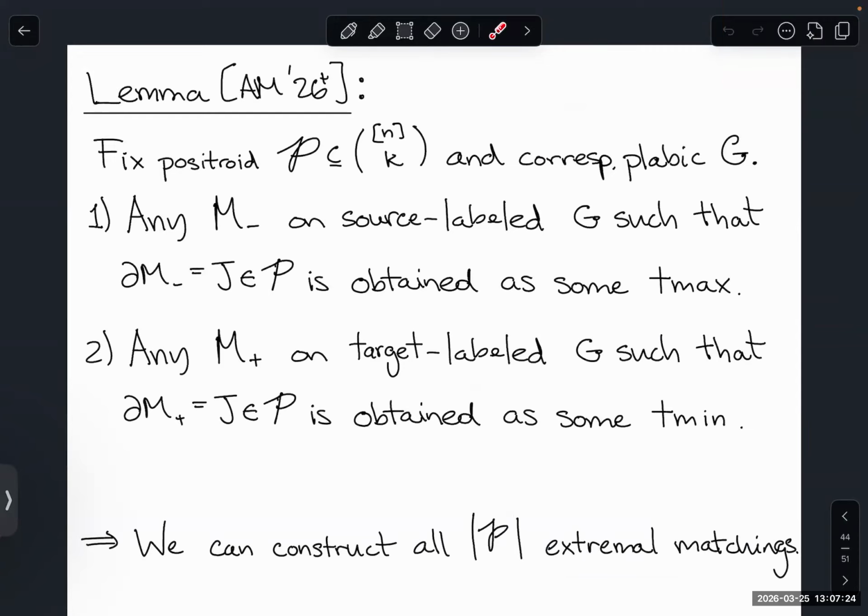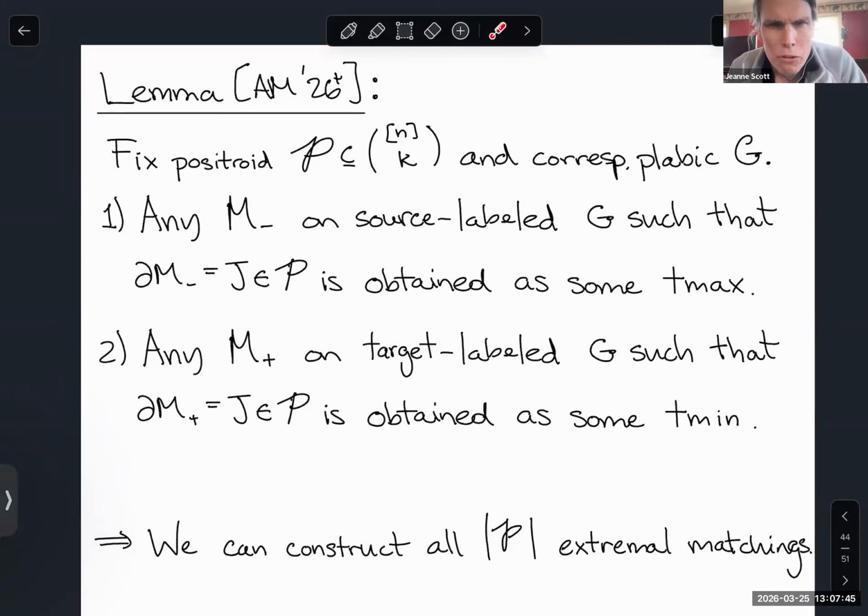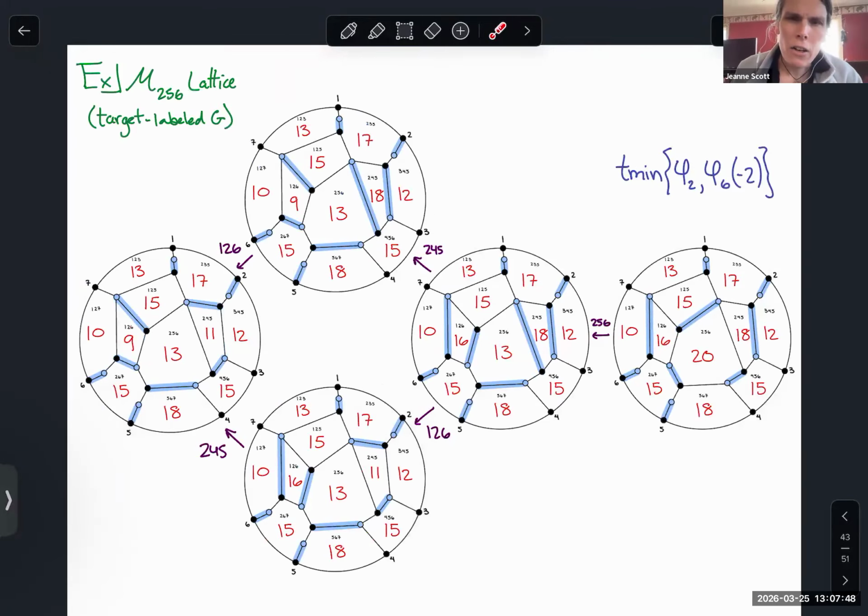Is that correct? With respect to this lemma? It's not necessarily unique. In the picture before, you had this distributive lattice with all of these matchings coming from a particular boundary condition. And somehow you can label all of those with phis. Is that right? Not just the top and the bottom, or the max and the min.